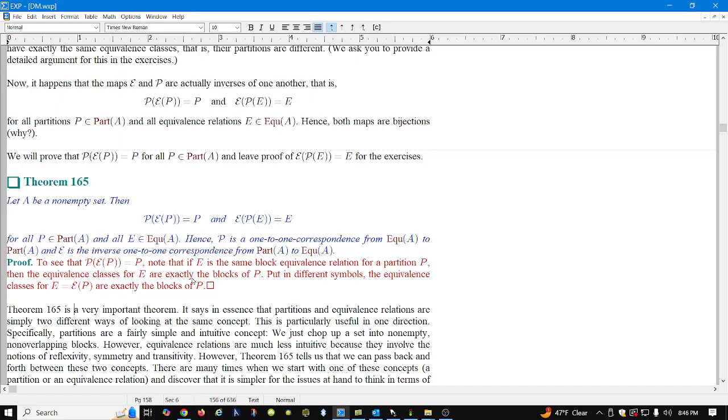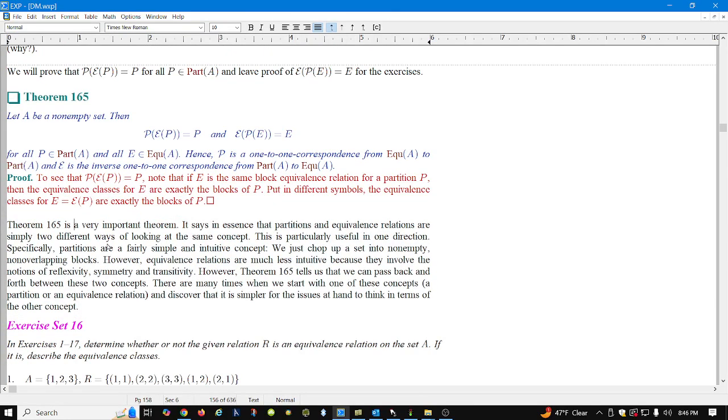This is particularly useful in one direction, I think. Partitions are a pretty simple, easy, intuitive concept. You just chop up a set into non-empty, non-overlapping blocks. But equivalence relations are less intuitive because they involve reflexivity, symmetry, transitivity. But what this theorem says is that we can pass back and forth between the two concepts, equivalence relation and partition.